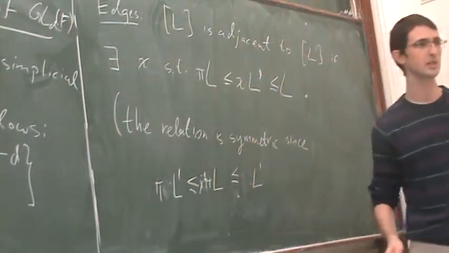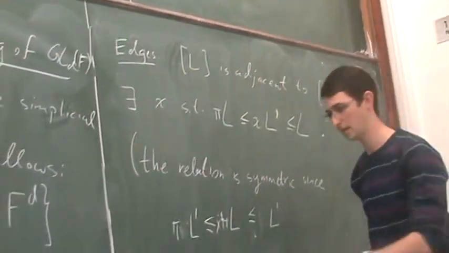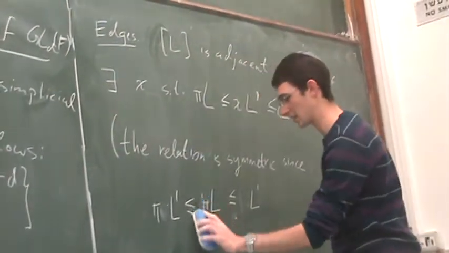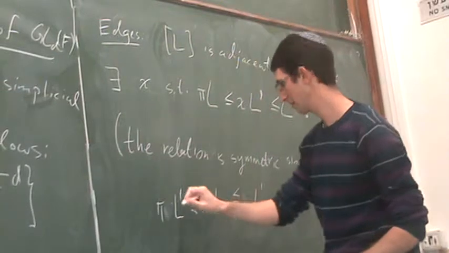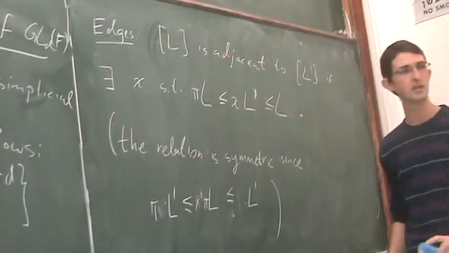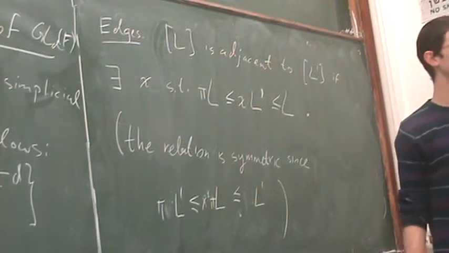So this relation is symmetric, and it is independent of the representative chosen in the class. So these would form the edges of the complex.